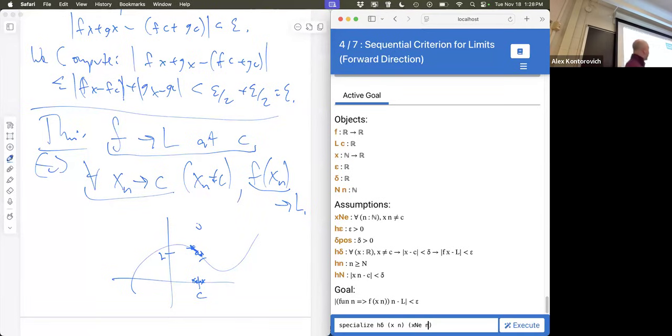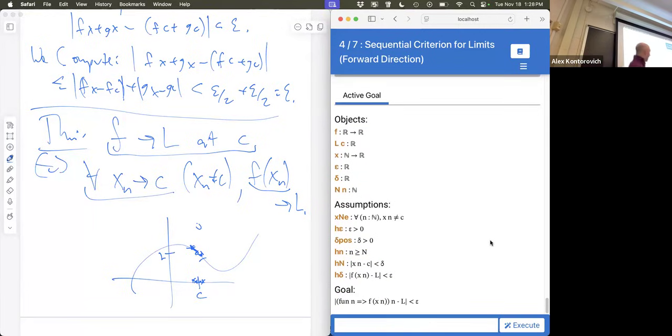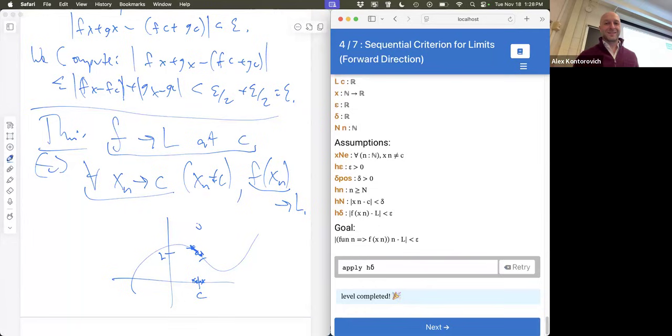Applied to n. xne takes a natural number and produces a proof that x_n is not equal to c for that natural number. So I have that. And now where do I get this? hn. And now I know that f of x_n minus L is less than epsilon, which is exactly what I'm trying to prove. Apply h delta.